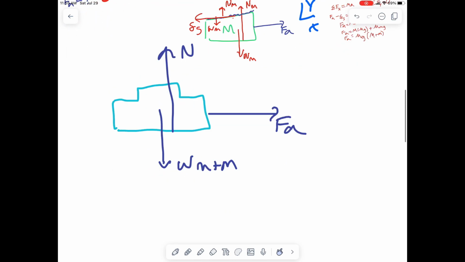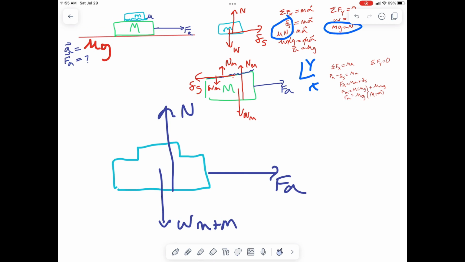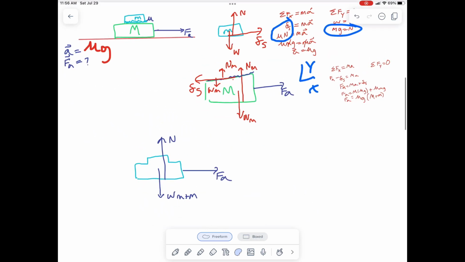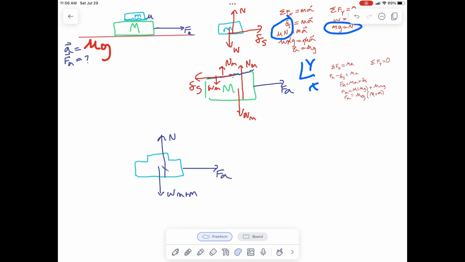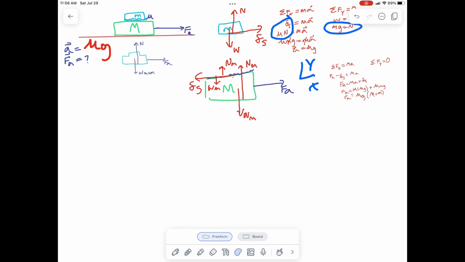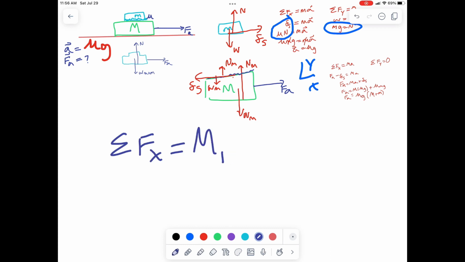So now what I can say is, if I actually were to sum up the forces acting on these blocks, or this one block, I could say that my sum of the forces in the x is equal to my m total, so that'll be big M plus little m times my acceleration, and then my sum of the forces in the y will stay equal to 0.